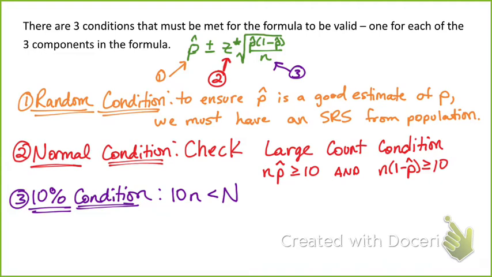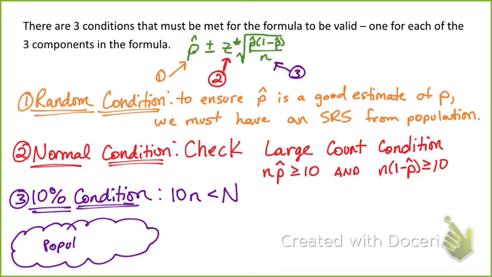Why is this condition even a thing? Here we go. This is the population. Why is it important that the sample size times 10 is less than that population size?